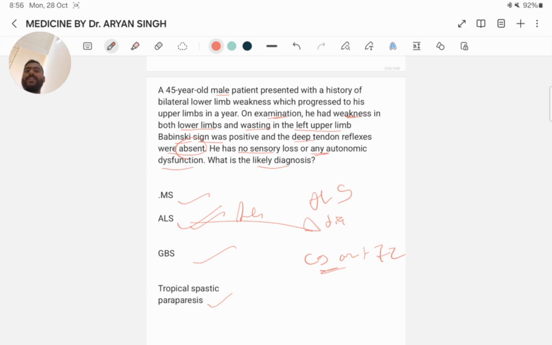At onset, ALS may involve only upper or lower motor neurons, but ultimately causes progressive loss of both. Upper motor neuron findings are spasticity, increased reflexes, flexor spasm, and pseudobulbar palsy.